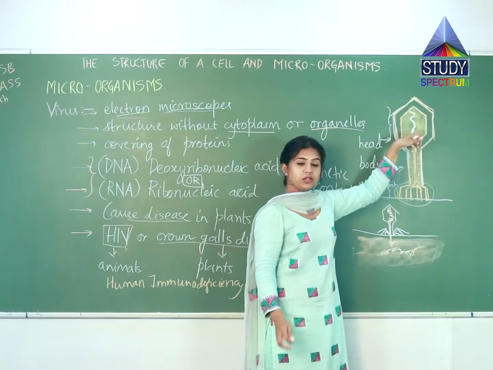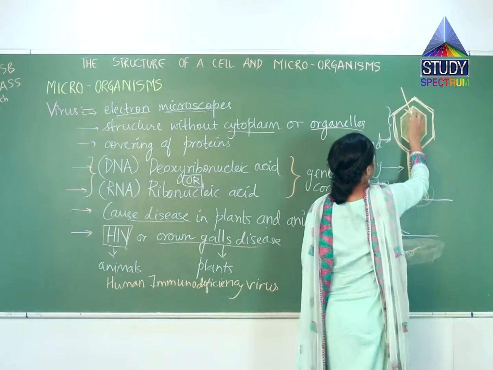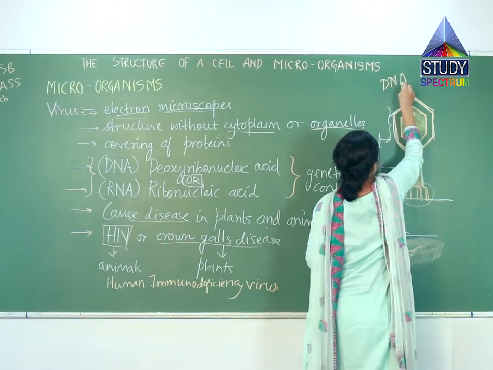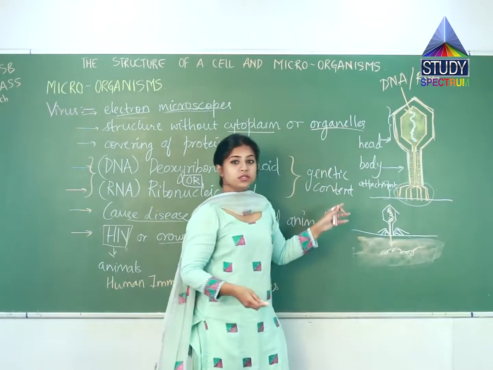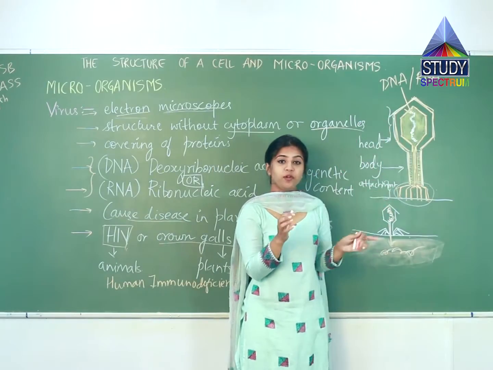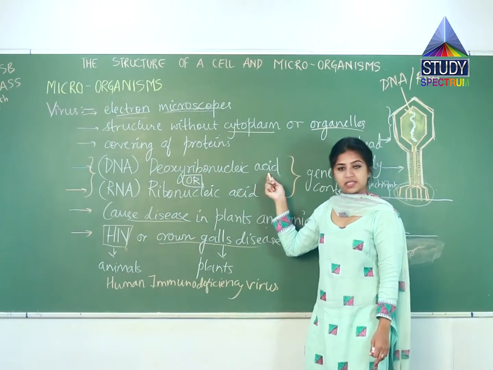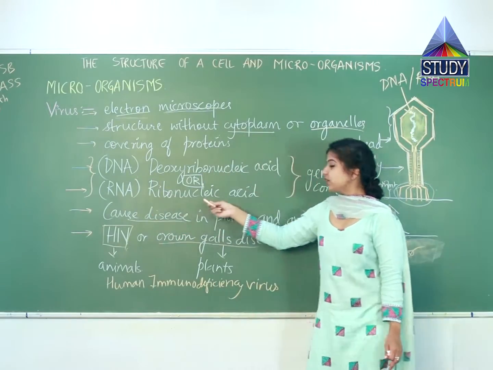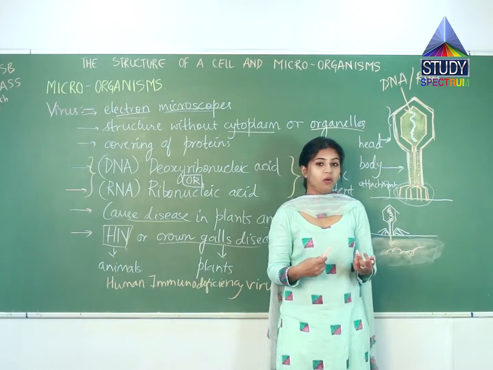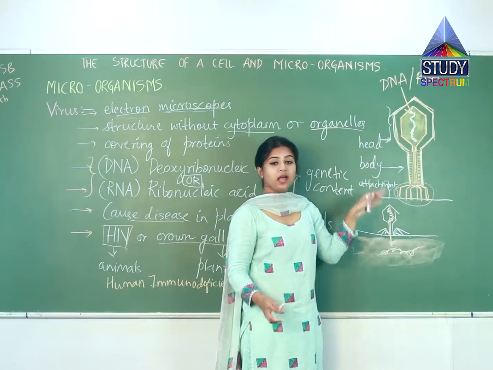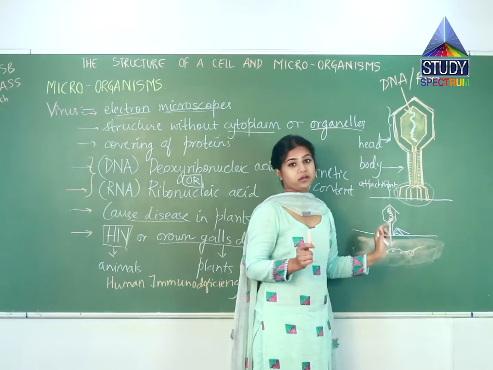Right in between, you see this long strand, that's nothing but the genetic material, DNA or RNA. I also explained the full forms: DNA is deoxyribonucleic acid, and RNA is ribonucleic acid. Then we learned how the virus can cause infection, how it infects the other cell surface.